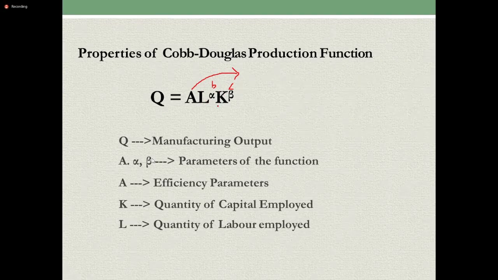K is the capital, and C denotes the efficiency of the capital, right? The efficiency of the capital, right? After identifying the Cobb-Douglas production function, right?